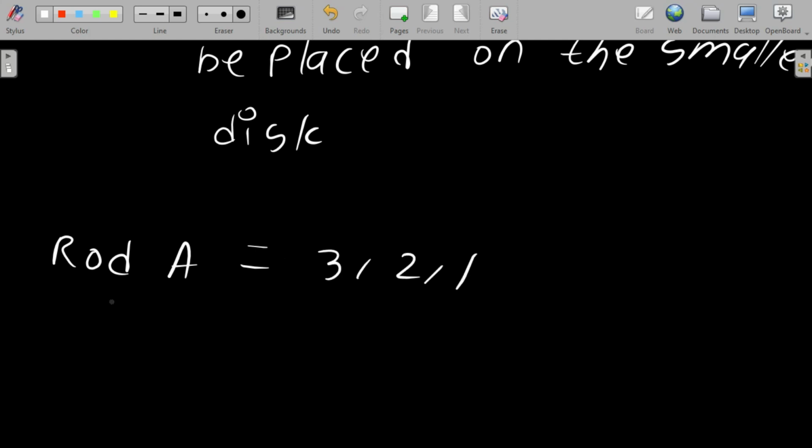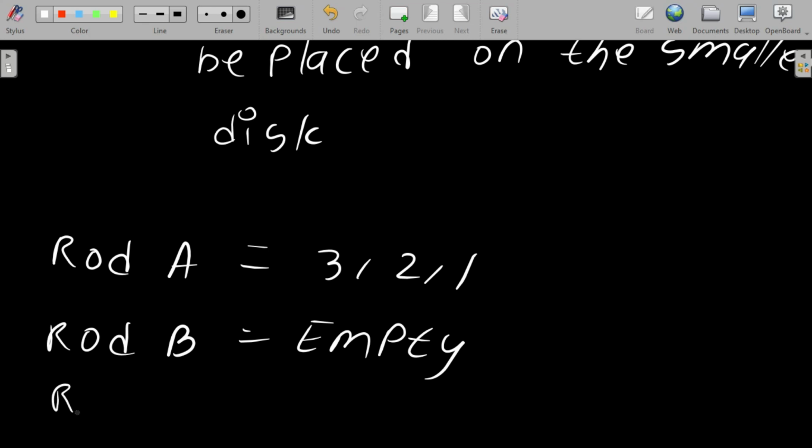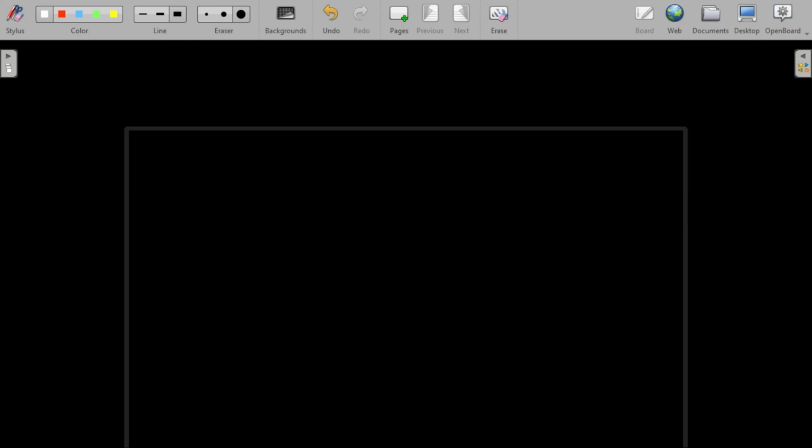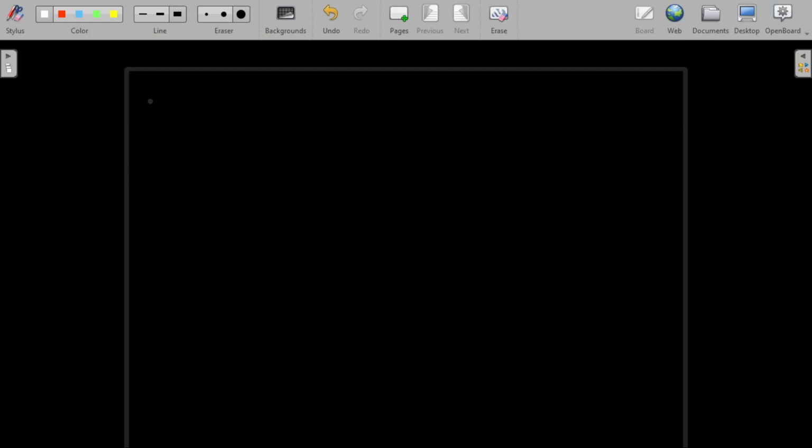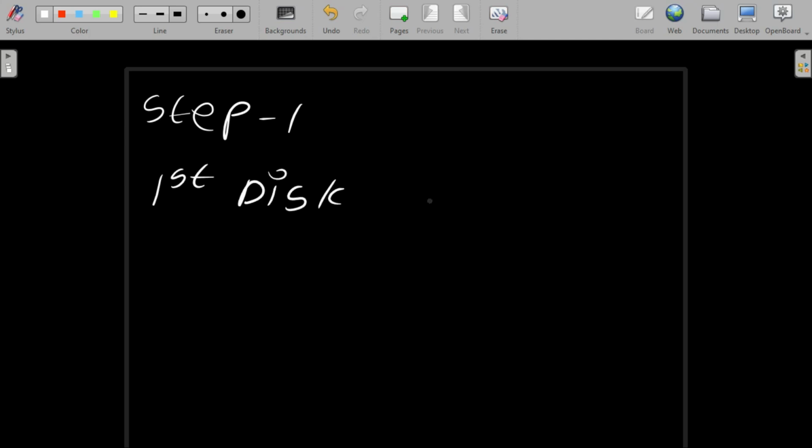Rod B is empty, and rod C is also empty. Now for step 1, let me write it here. In step 1, we are moving disc 1 from A to C.